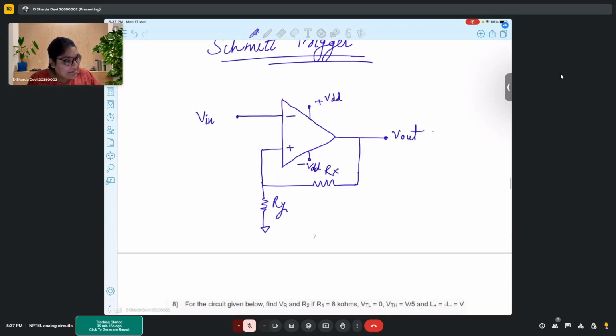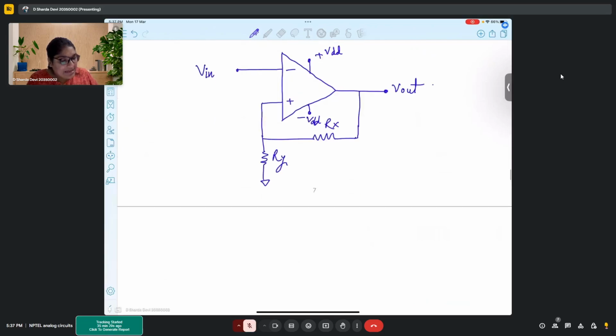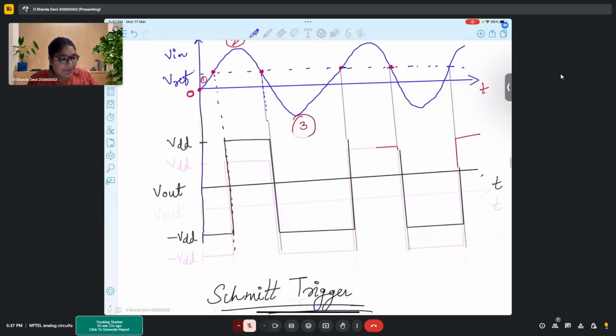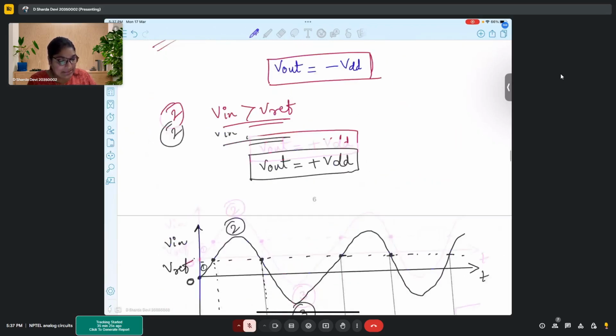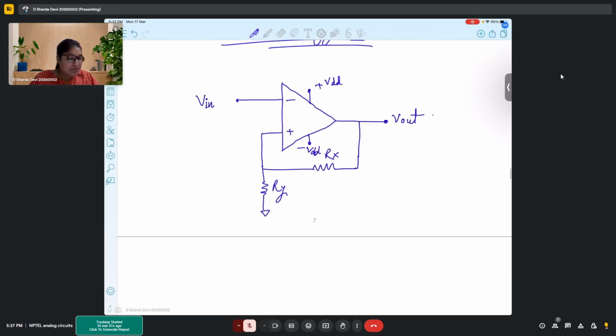So if you observe very carefully, in this Schmitt trigger, there is a comparator. Like in the previous case, the same comparator is there. The only thing that we have introduced is a positive feedback using resistor values. So until now, all the circuits that we used were negative feedback circuits, right? But here, this is the first circuit wherein we are introducing positive feedback, and we'll analyze this positive feedback. Okay. So this is a Schmitt trigger.